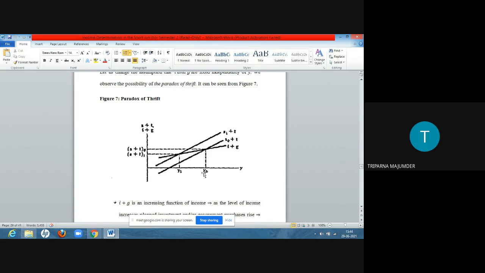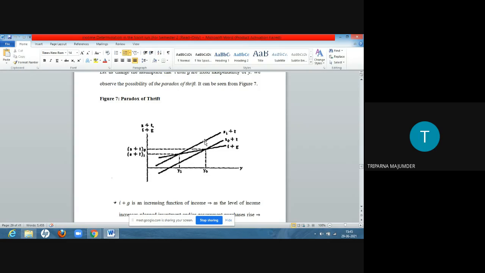So we start with this initial level of income Y0, that is the initial equilibrium, where our S0 plus T is equal to I plus G. So here we have not put I bar plus G bar, since this is an increasing function of Y. So at this level of income, the desire of the people to save more increases, as a result of which our savings plus tax function shifts upward to S1 plus T.